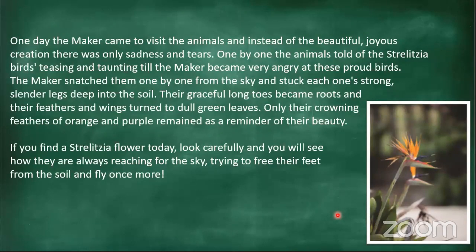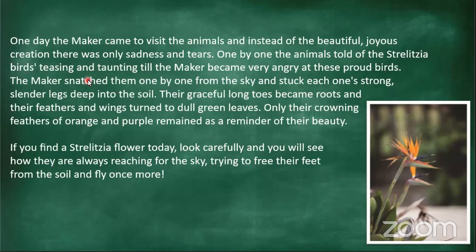If you find a Strelitzia flower today, look carefully and you will see how they are always reaching for the sky, trying to free their feet from the soil and fly once more. Well, there you go. Now you all know where the Strelitzia came from.